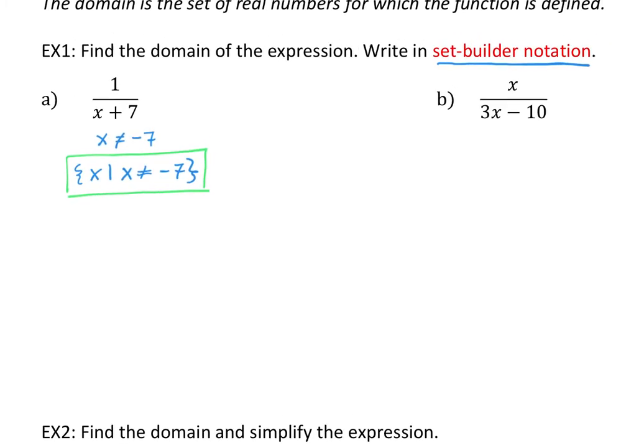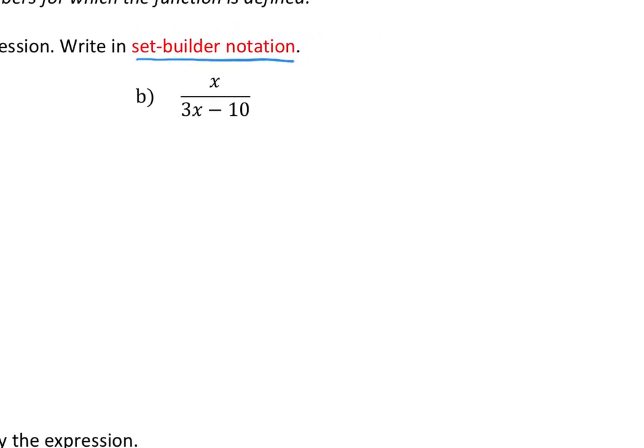Okay, let's try this again in part B. Notice that in part B, there is a variable x in the numerator, but that doesn't matter with a fraction. The numerator can be any value, even 0. It's the denominator that we have a problem with. Now, if you can't see what x value will make the denominator 0, simply set the denominator equal to 0. So we have 3x minus 10 equal to 0, and solve to get x equal to 10 over 3.